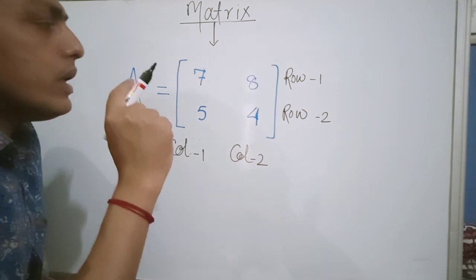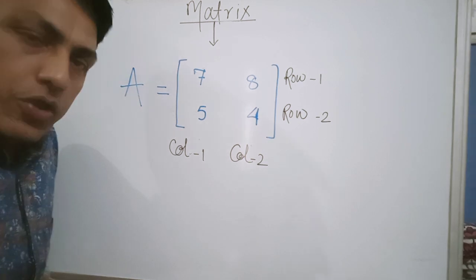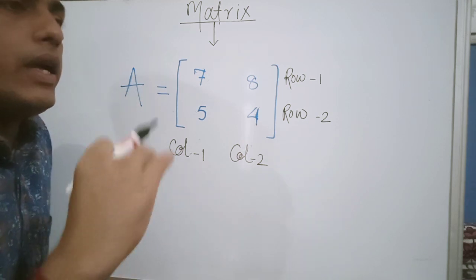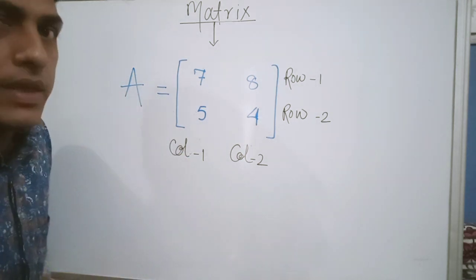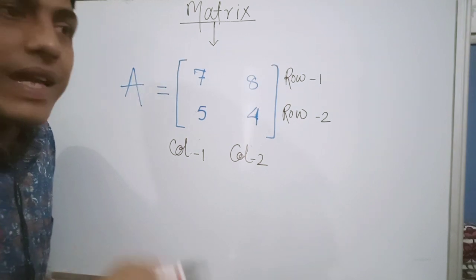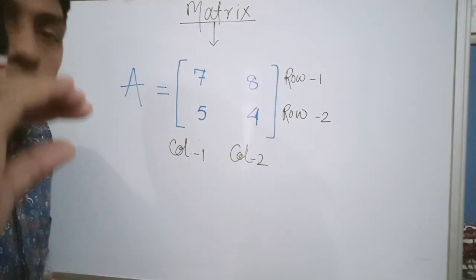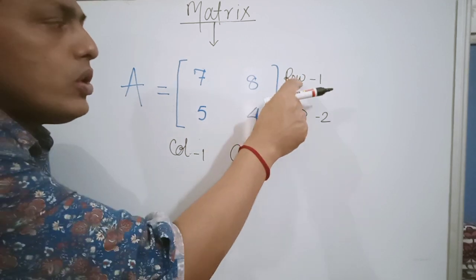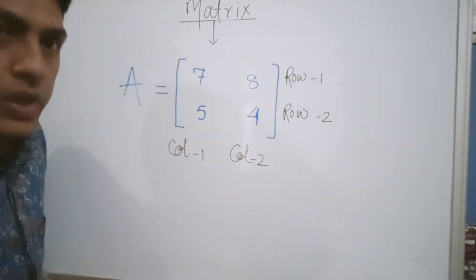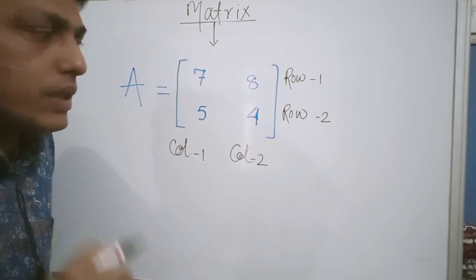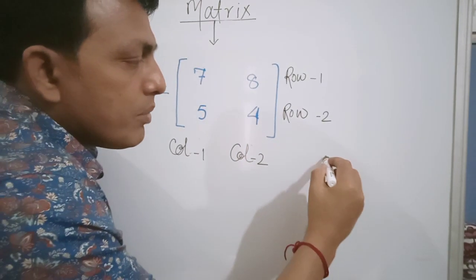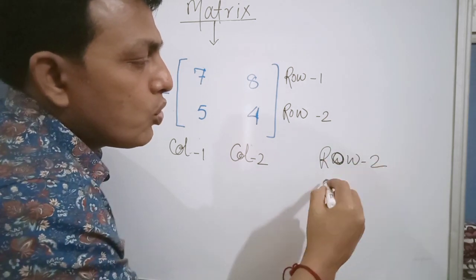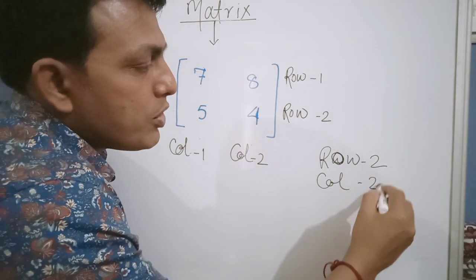Correct? In this way, we can use different horizontal lines and different vertical lines. It means we can get different rows and different columns. So it is not necessary to have only 2 rows or 2 columns. But remember, in our syllabus, we can use maximum 2 rows, maximum 2 columns.